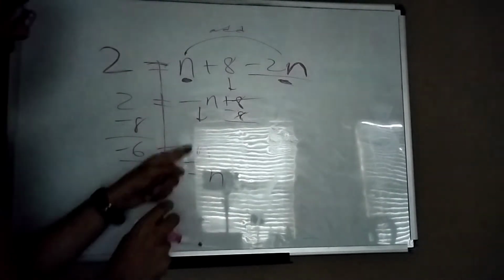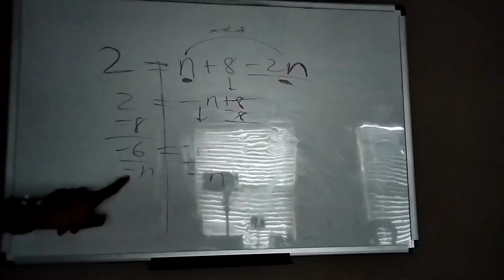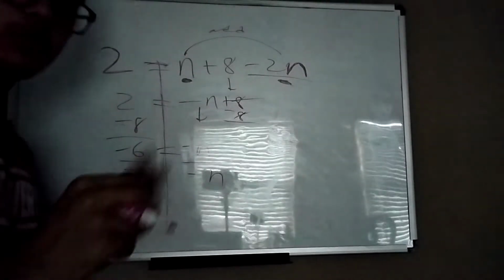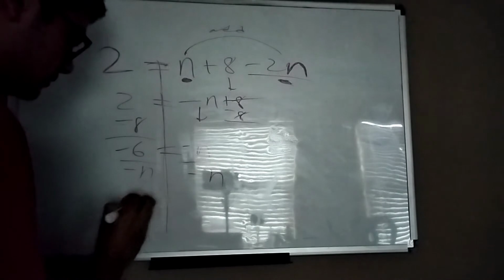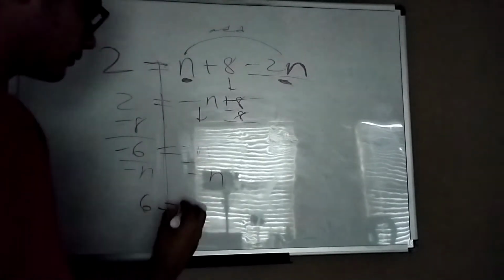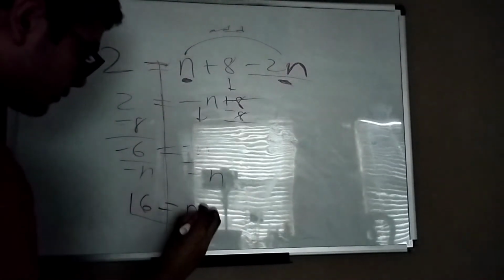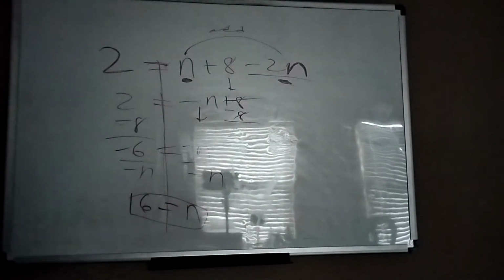And since you did this side, you have to do this side too. So negative 6 divided by negative 1. This gets you 6. And if you do this one, this goes n, meaning 1. And this is your answer for this equation.